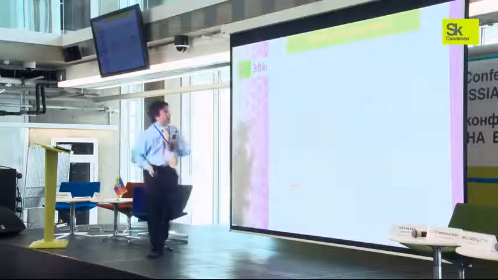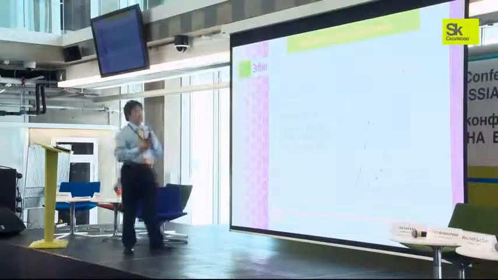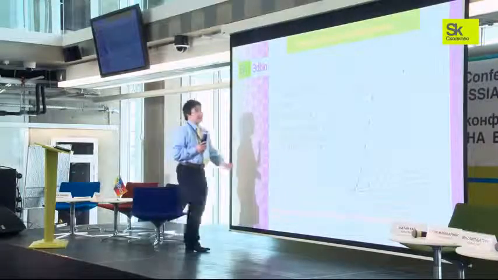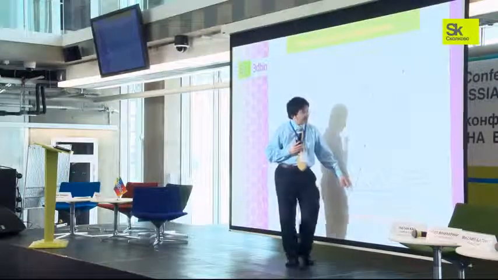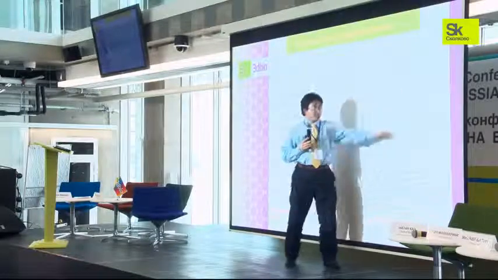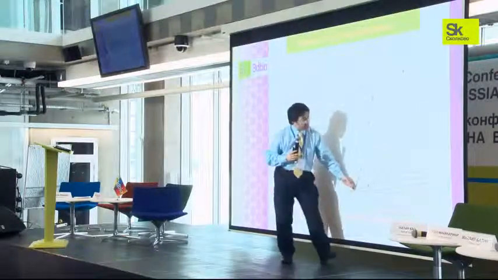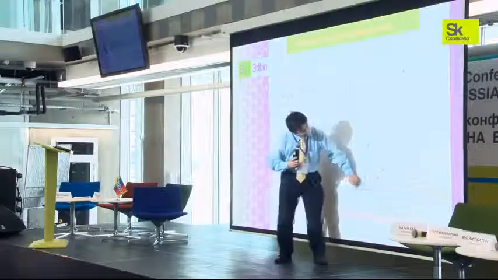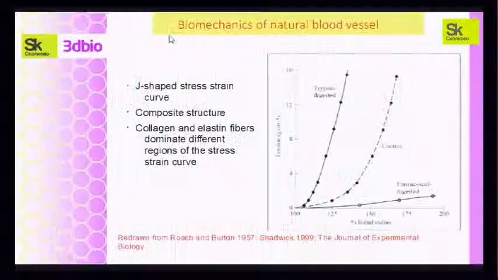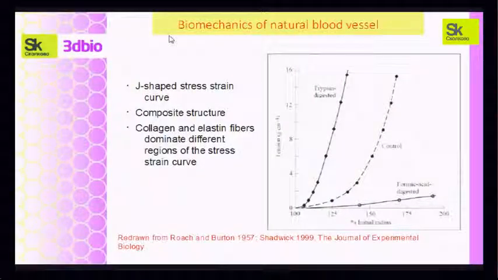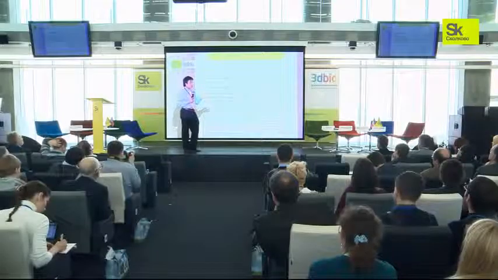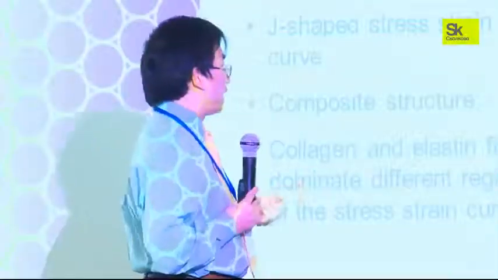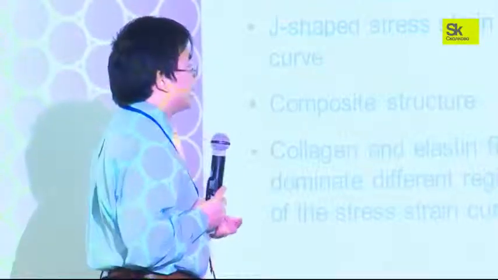If you look at the mechanical property of the native blood vessel, you can see it forms a J curve. First it's elastic, then later it's stiff. The reason is that in the blood vessels there are two types of extracellular matrix proteins: one is elastin, the other is collagen.